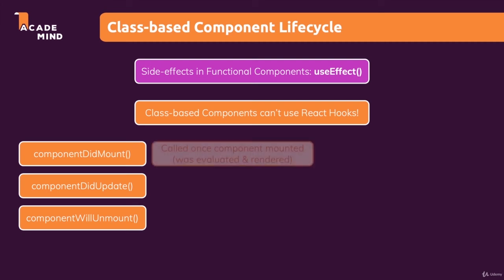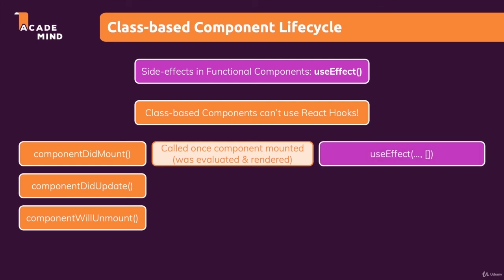Now, as I said, componentDidMount is called when a component is mounted, so when it was evaluated and now rendered to the DOM. It's basically the equivalent to using useEffect like this. You have your effect function, which I left out here with the 3 dots, and then you have the array of dependencies.